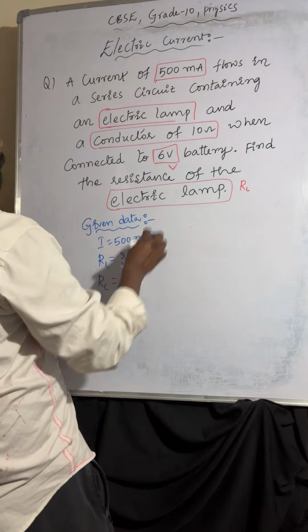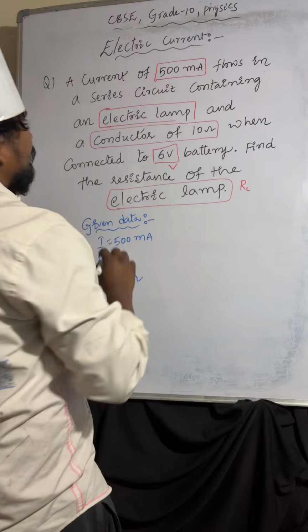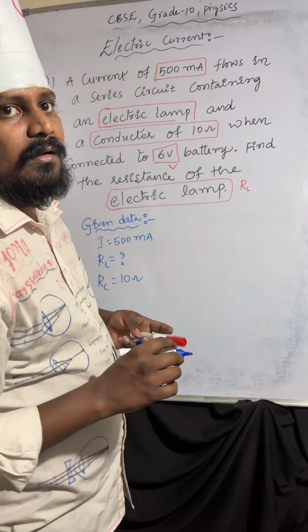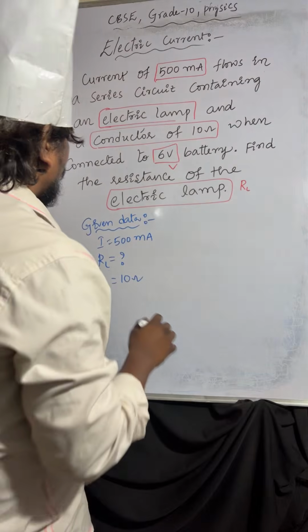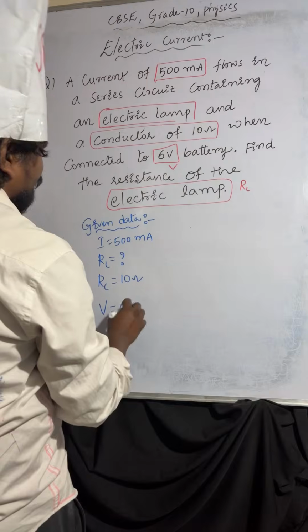RC is given, how much? So that is 10 ohm, RC equal to 10 ohm. Understood or not? Now we have the potential difference also given, 6 volts.